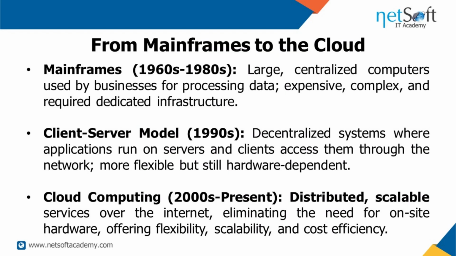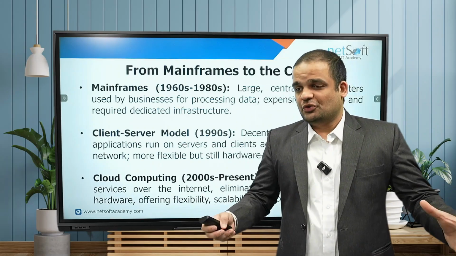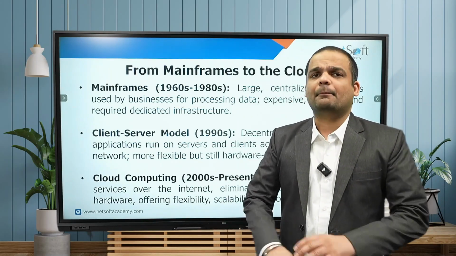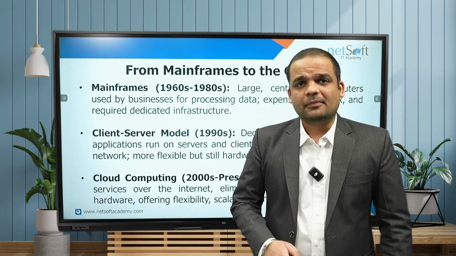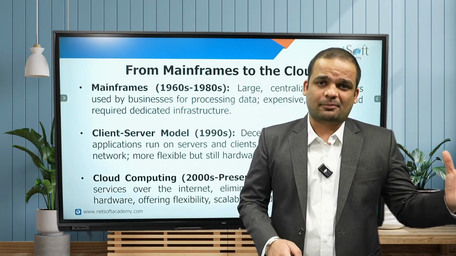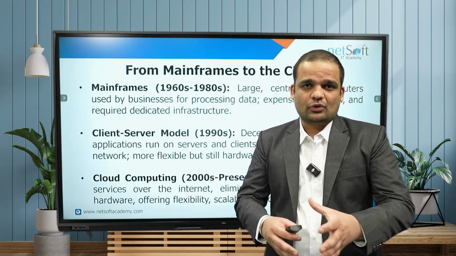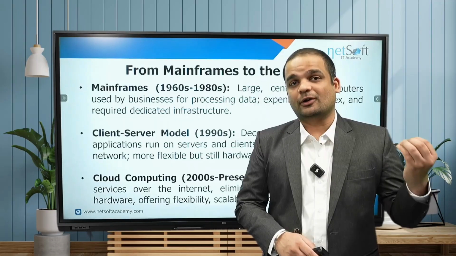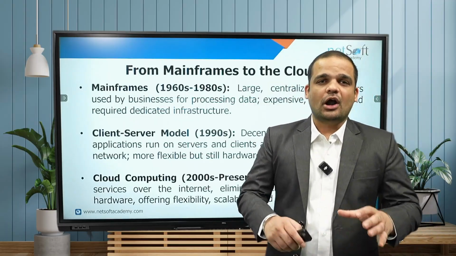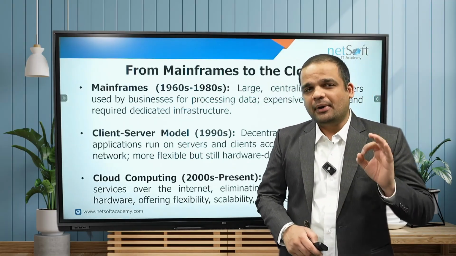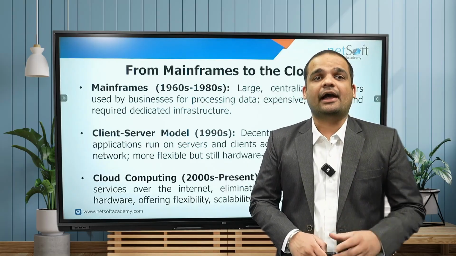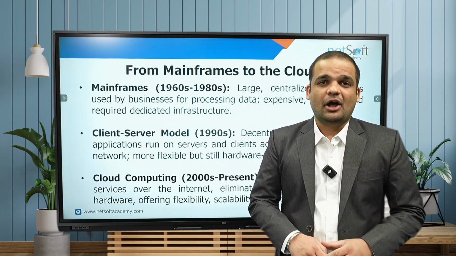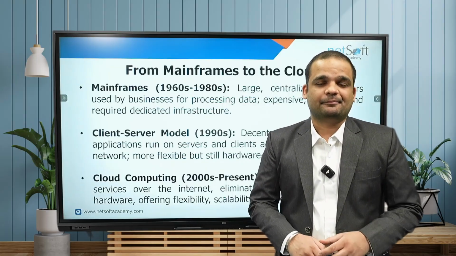Now, 1960s to 1980s was a time for big, bulky computers, which used to take up the whole room, sometimes multiple rooms. In the 1960s throughout the 1980s, mainframes were the backbone of computing. These were large centralized systems primarily used by big businesses and especially government agencies to process massive amounts of data.